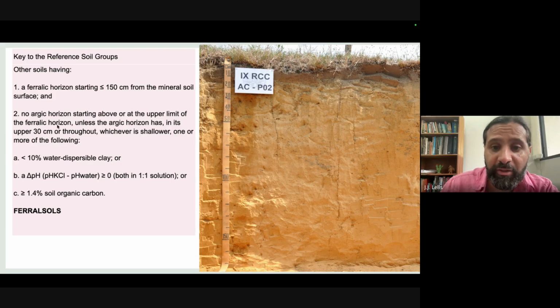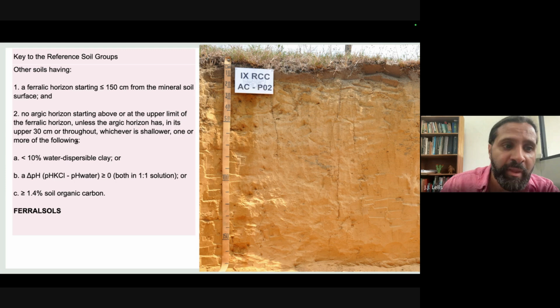So I cannot register above the ferralic horizon an argic horizon, a horizon that registers some clay skins, some shiny surfaces, or a higher clay content than the E horizon or the A horizon.